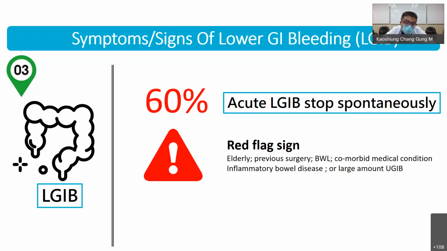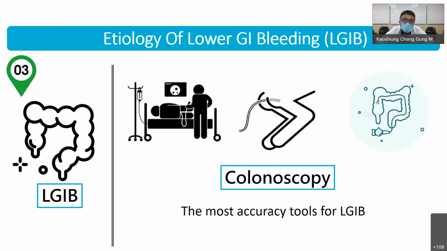So if patients have IBD history, you need to be more aware of these patients. The most useful and accurate tool for low GI bleeding study is colonoscopy, as we know. Okay.